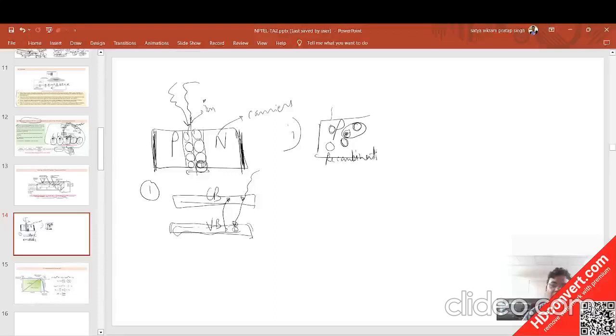Why? Because the majority carriers are holes, and the minority carriers are electrons. So the few electrons generated get absorbed by the holes.